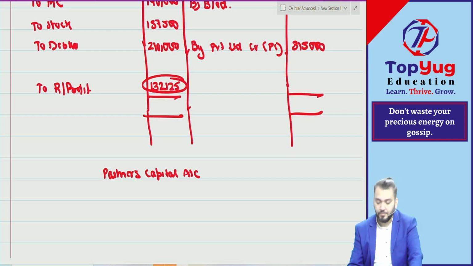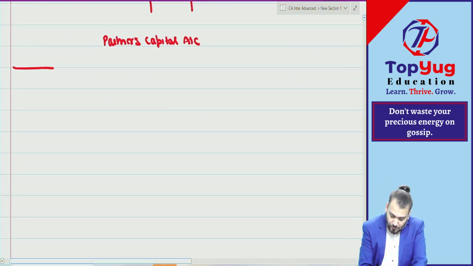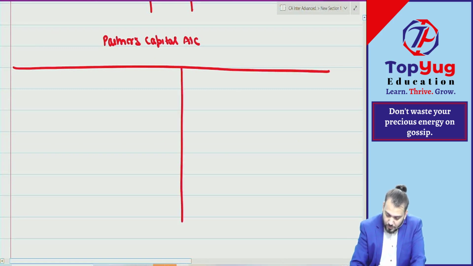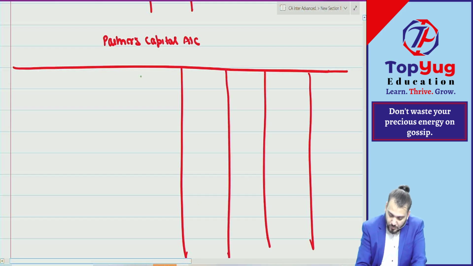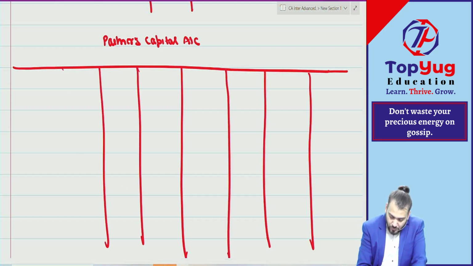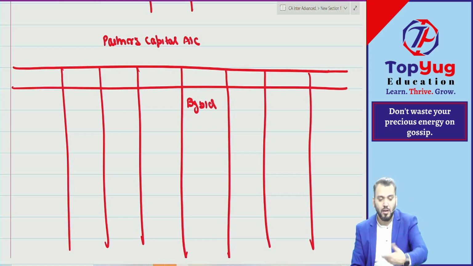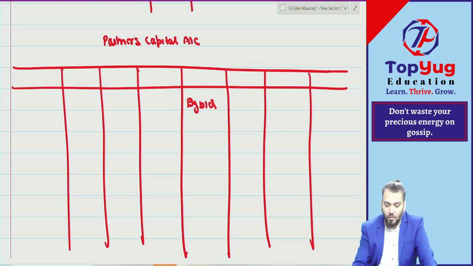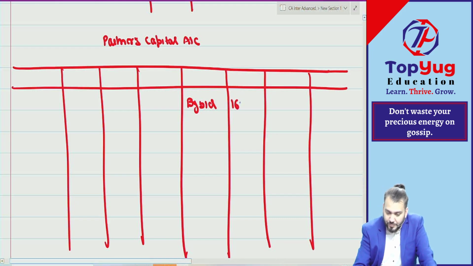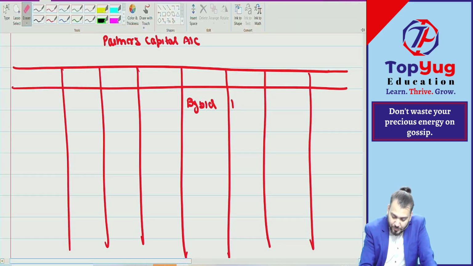Now I'll prepare which account? Partners capital account. How many columns? 3 columns. Because opening balance we already calculated, means after that adjustment, how much? 1 lakh, means after adjustment, 135,887.